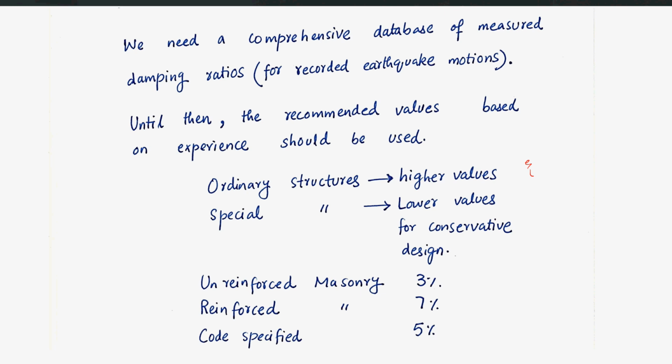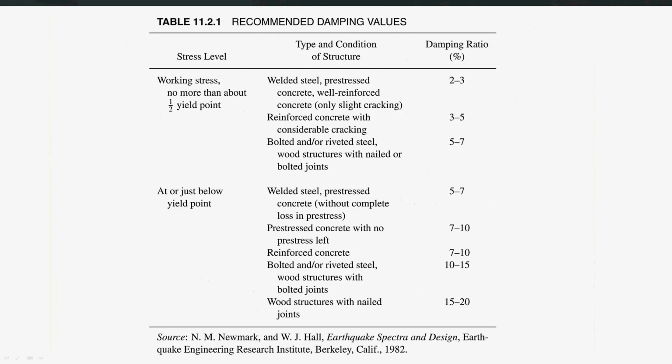Some guidelines, for example, for unreinforced masonry, a damping ratio of 3% is generally recommended. For reinforced masonry, we have a value of 7%, and the code specified value is 5%. The spectra specified in building codes is mostly specified at a damping ratio of 5%.